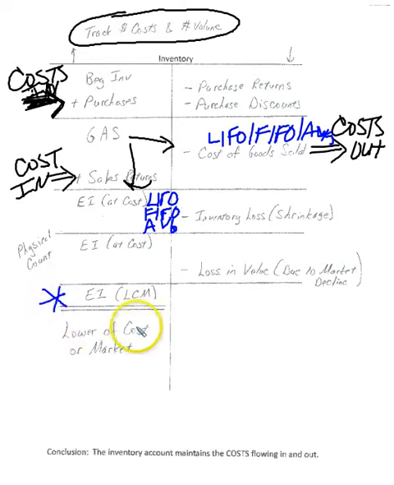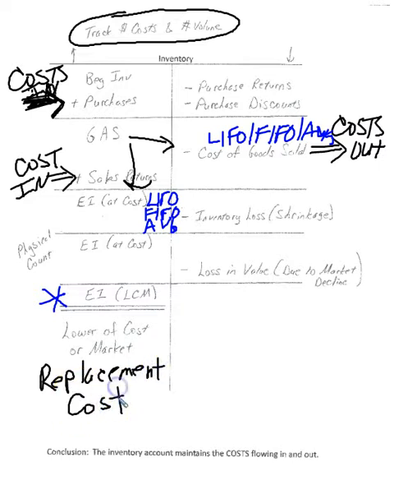Okay, then there's one last thing before we actually report inventory on the financial statements. And that is to determine whether there's been a drop in the economic value of the inventory. So inventory will get reported at LCM, the lower of cost or market. And market in this case represents replacement cost. So it does not represent the selling price, what we're going to turn around and sell the goods for.